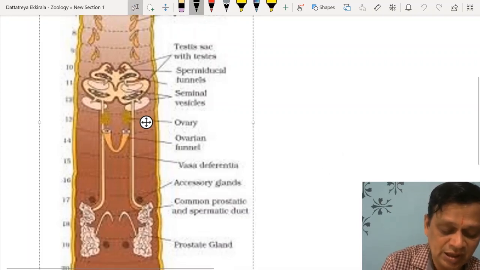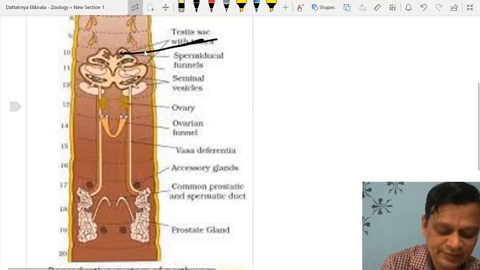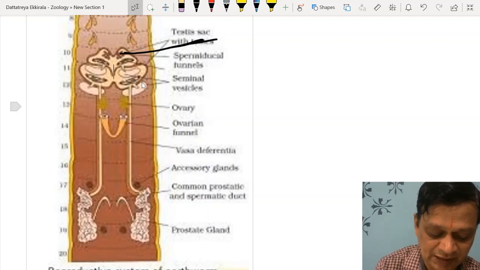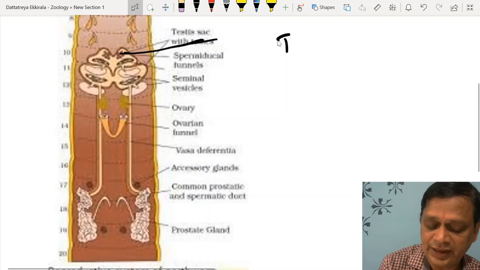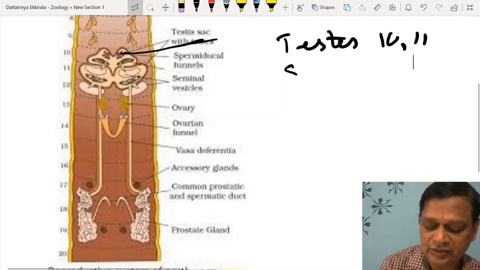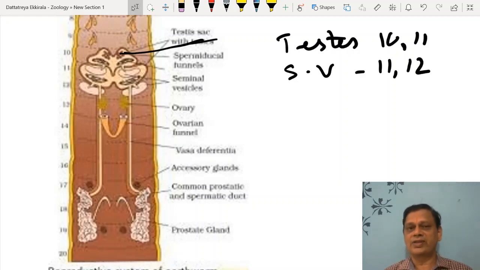So testes are here, in both segments, 10 and 11 segments. Testes will be surrounded with testis sacs. And remember, testes will be present in 10 and 11, and seminal vesicles will be present in 11 and 12. Seminal vesicles will collect and store temporarily the sperms, right?